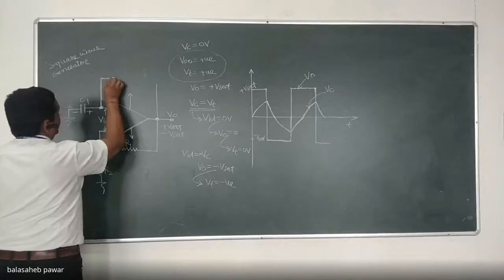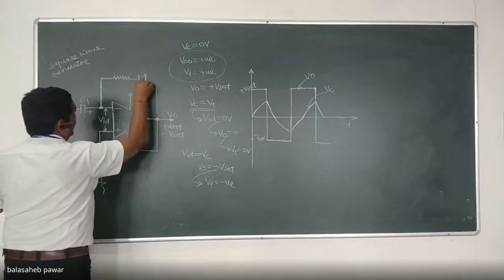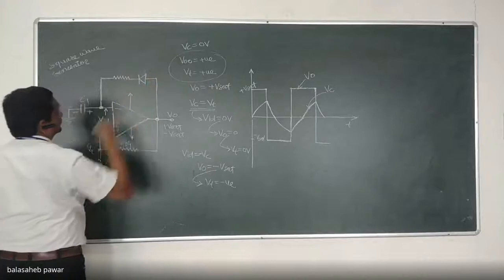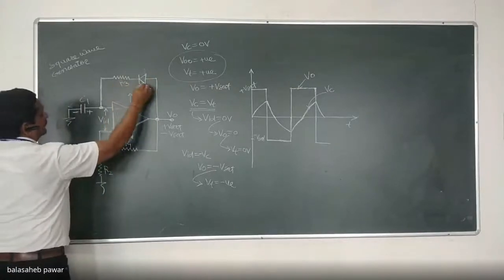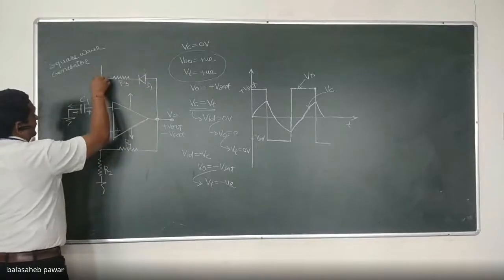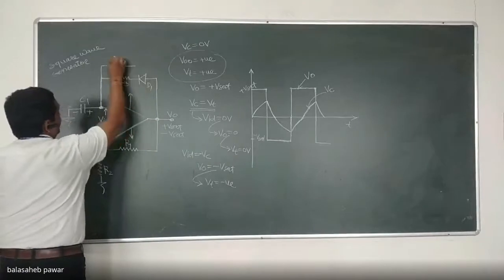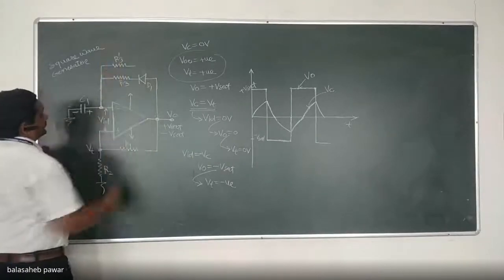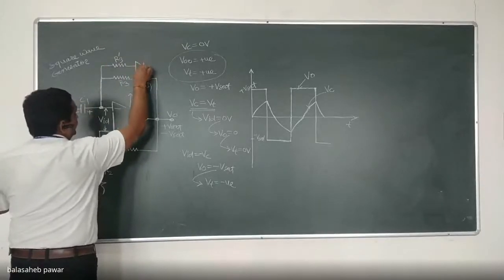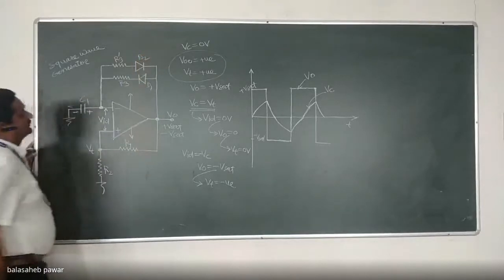Suppose this is my first R3 connected through a diode like this, diode D1, I will call it D1, and one more resistor, I will call it R3 dash, through another diode, but opposite in direction compared to the first. We will call it D2.